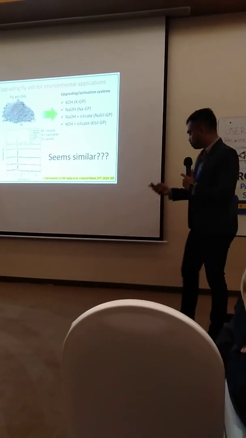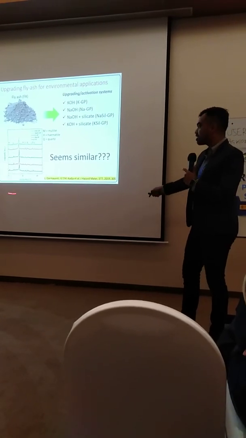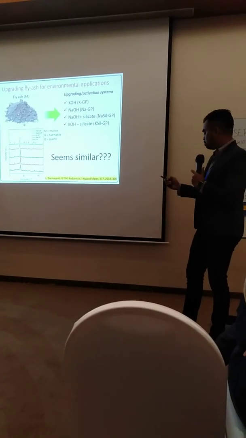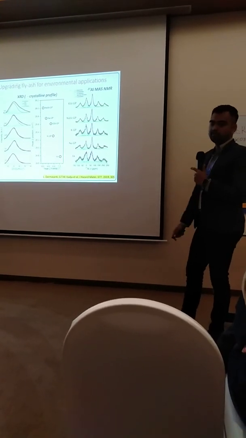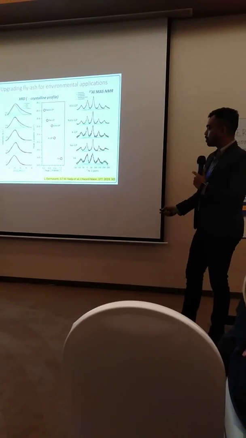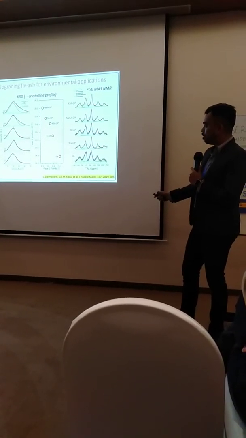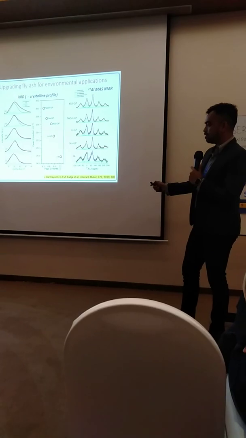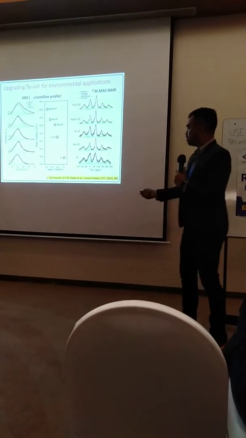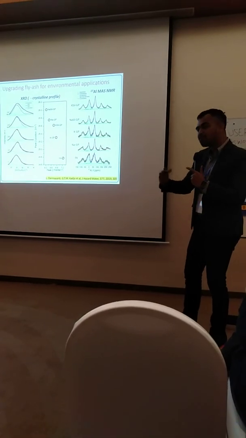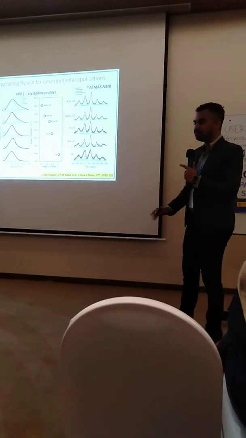So what we do, we subtract this crystalline profile, and we perform the convolution only on the amorphous part. And you see the full width at half maximum of the treated samples is decreased, showing a more organized structure within the amorphous, not the crystalline.